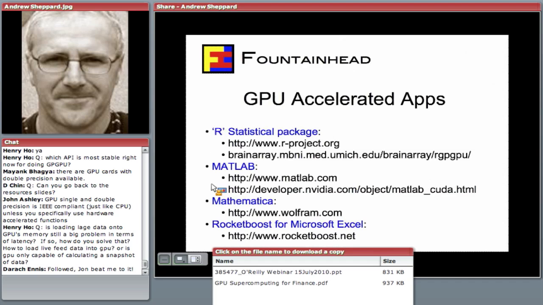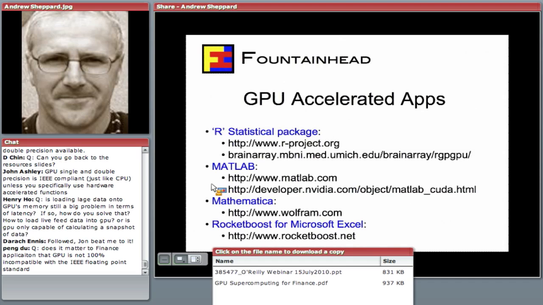Okay, good. Now I have a couple more questions. Henry's asked a couple good ones. Is GPU's floating point precision good enough for financial computing? The latest cards support IEEE 754 double precision floating point. For example, an NVIDIA card with a compute capability of 1.3 or more.